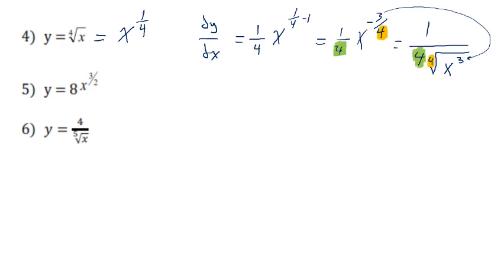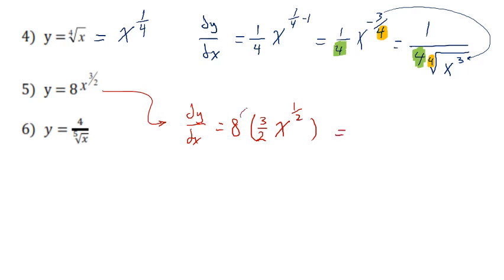For the second one, number 5, y is equal to 8x to the power of 3 over 2. Let me first write dy by dx. So dy by dx is equal to, 8 is a constant, put down the power of 3 over 2, the exponent of x, and then take 1 from the exponent, which is going to be power half.